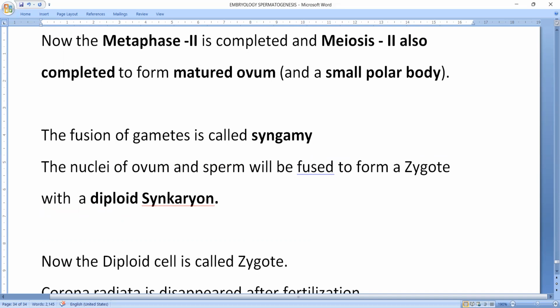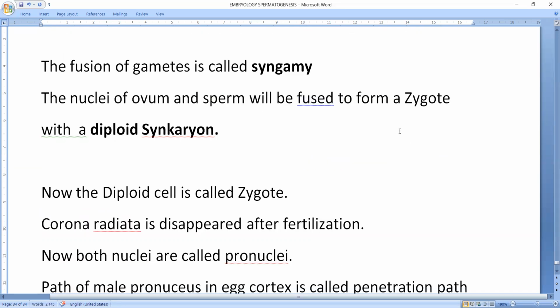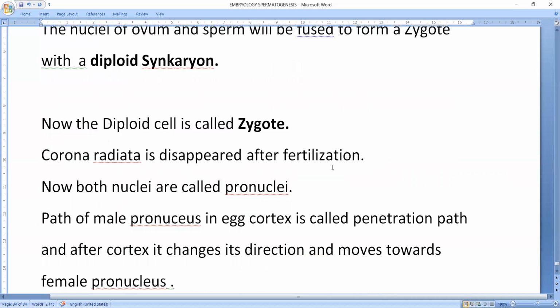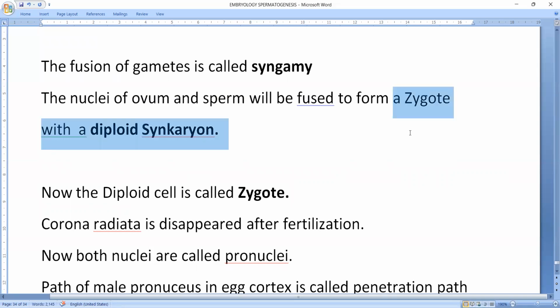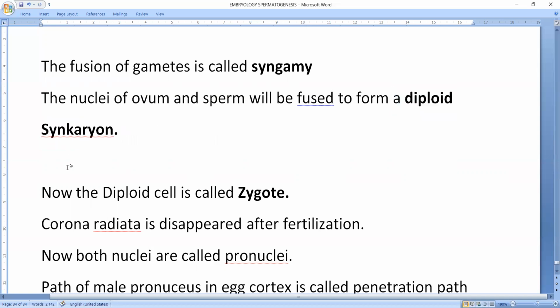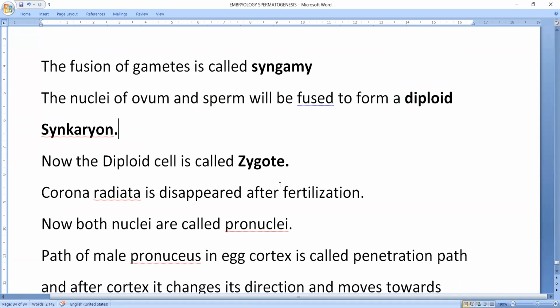With a diploid synchorion, now this diploid cell is called zygote.